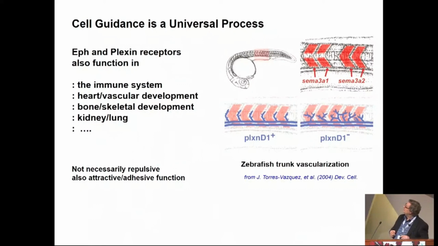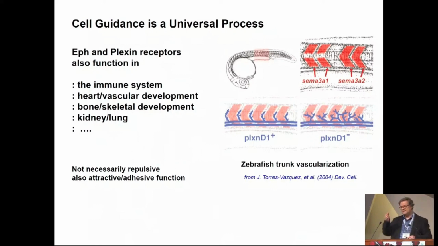Here's an example from zebrafish embryo trunk, where the ligand sets up fields, the semaphorin here, and the plexin D1 in this case makes sure that developing blood vessels can just move between these segments. When you interfere with the plexin D1 signaling, you get this uncontrolled sprouting.